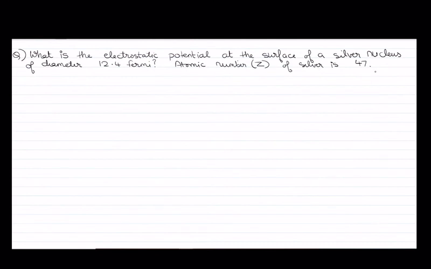The next question is also related to electric potential. They are asking, what is the electrostatic potential at the surface of a silver nucleus of diameter 12.4 Fermi? The atomic number of silver is 47. The diameter of this nucleus is 12.4 Fermi, where Fermi means 10 to the power minus 15 meter.